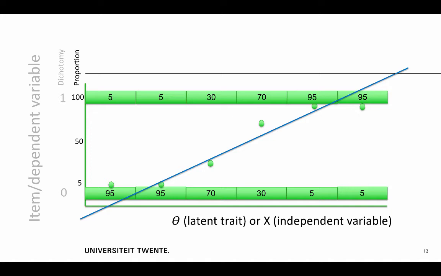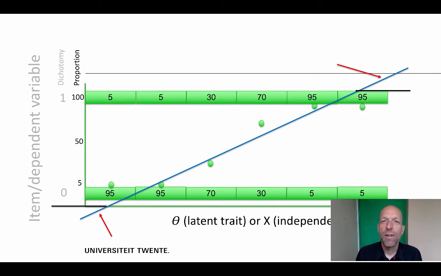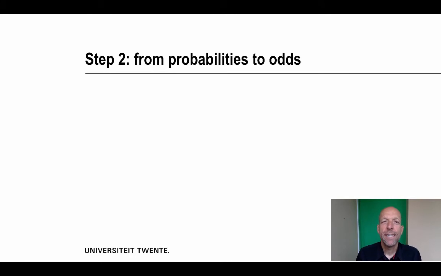And we can estimate a line. But we still have a lot of problems because we see here that if we estimate a line here, we can predict more than 100% and less than 0%, which is not what we want. So in between we have more or less solved the problem, but we are still left with the problem over 100 and below 0. The second step we then take is that we change the probabilities to the odds.